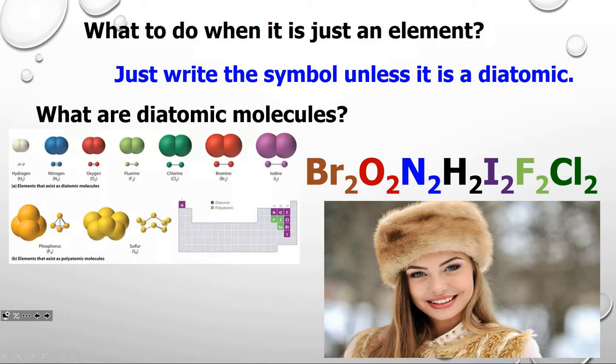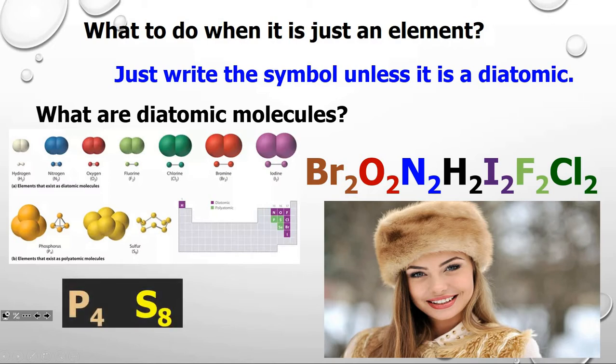So what are the diatomic molecules? We've got these that are the diatomics: Br2, O2, N2, H2, I2, F2, and Cl2. Okay? We also have two other elements that like to hang around in multiples. So they're like multiple births. You have the twins, they're more common. But then you have phosphorus, which is a quad, and sulfur, which is an octet, which is much less common.